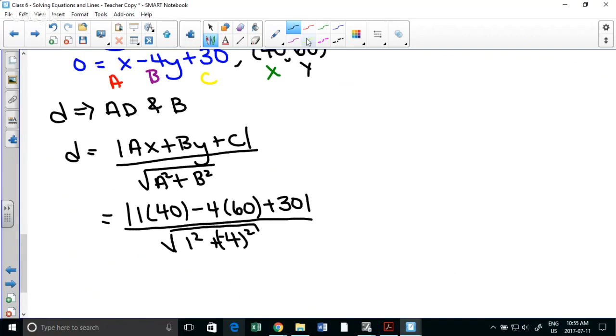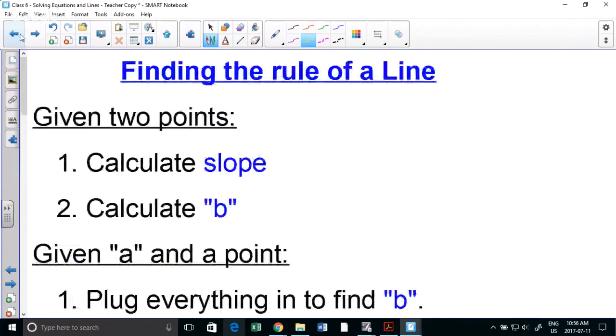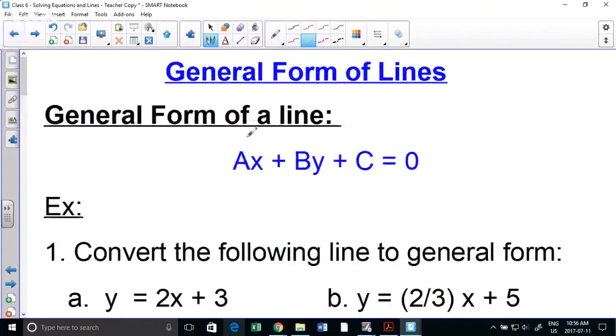The numbers attached to the x and y are A and B. So this 1 is A, this -4 is B, and this is C. Okay, so if you go back to general form, you have Ax plus By plus C. So it's whatever the number is that's attached here to the x and to the y and to the C.